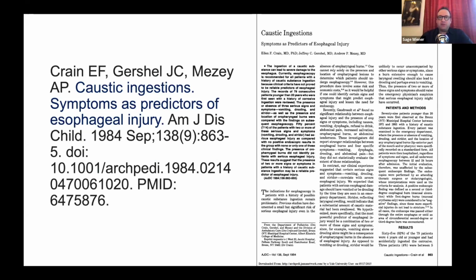And so those patients potentially wouldn't need endoscopy. Now, nobody in her study had stridor alone. So stridor alone is typically considered to be enough by itself to warrant endoscopy. But vomiting and drooling, or either one of those and stridor, is a clear indication for endoscopy.